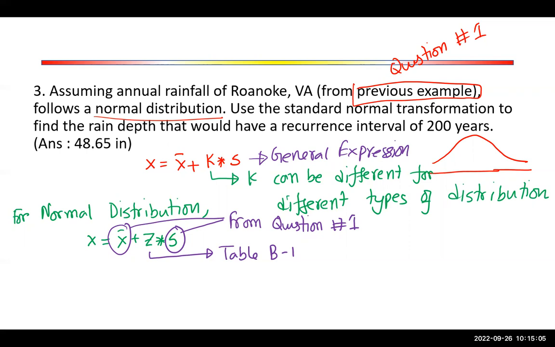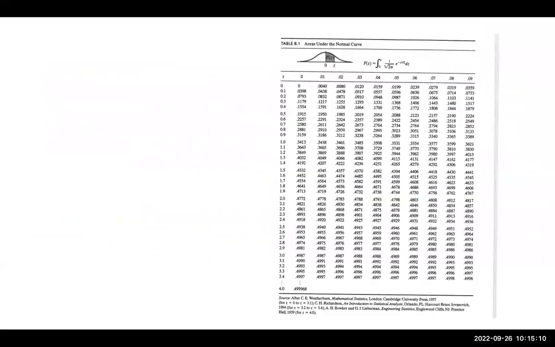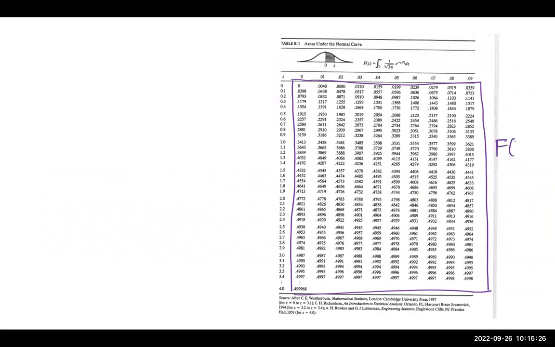Okay, so for z, we said that we will use this table, right? Maybe you can't see that clearly from your sheet, but your copy has this table as well. All the values here are actually z values.